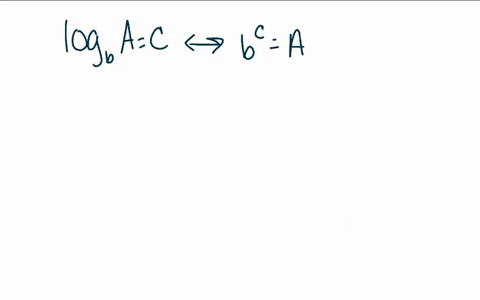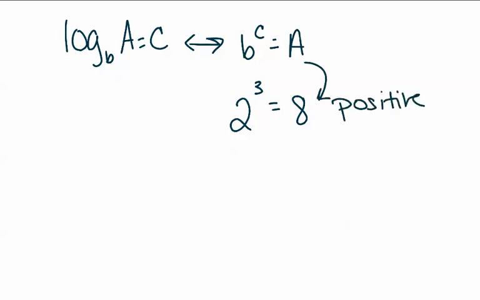So if we're saying that the base always has to be positive and not equal to 1, let's put some numbers in here. Let's say our base is positive 2 and our exponent is 3. Well, now that means that a, this number, is positive. When we have that positive exponent, we get a positive answer.